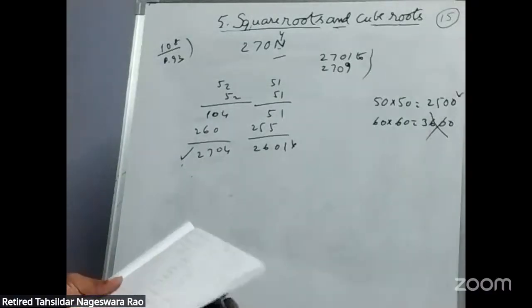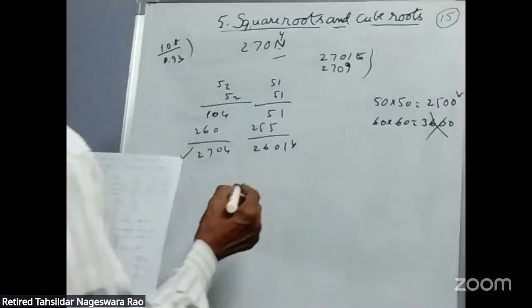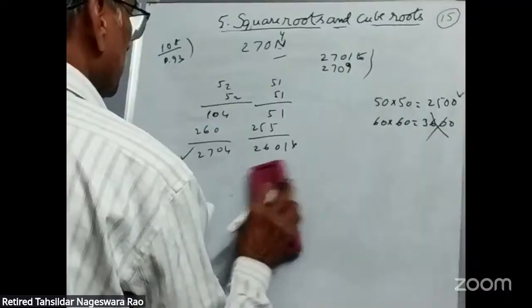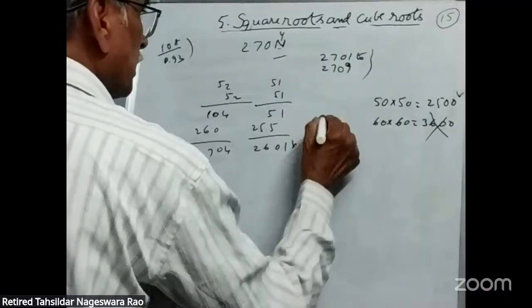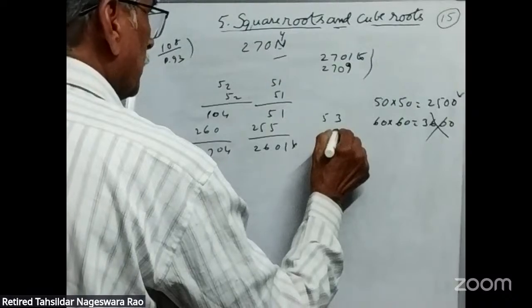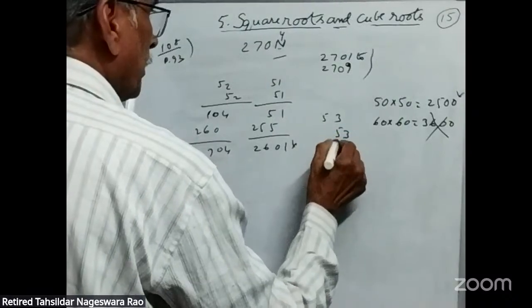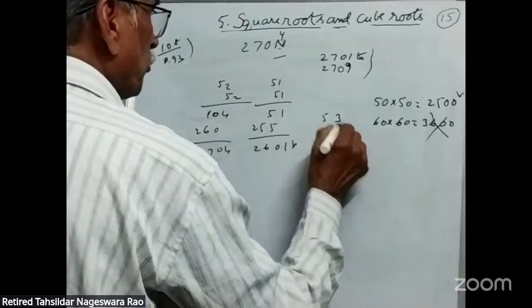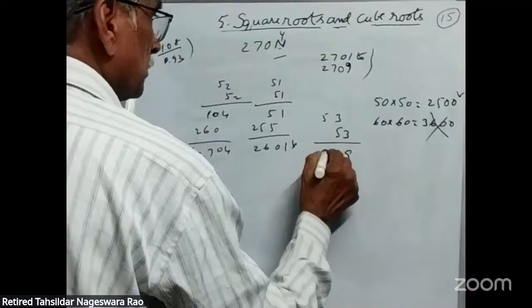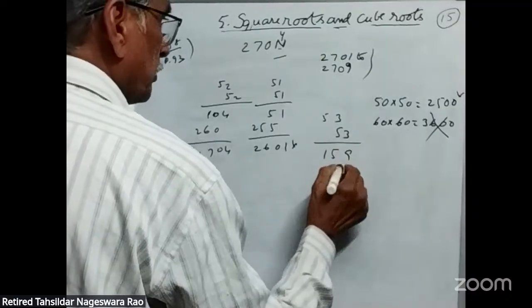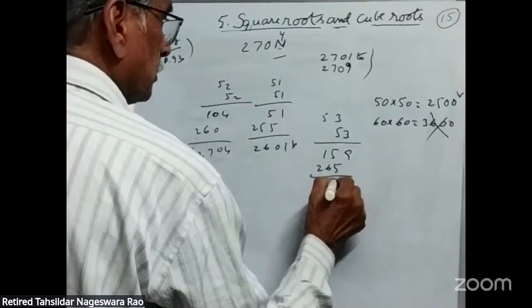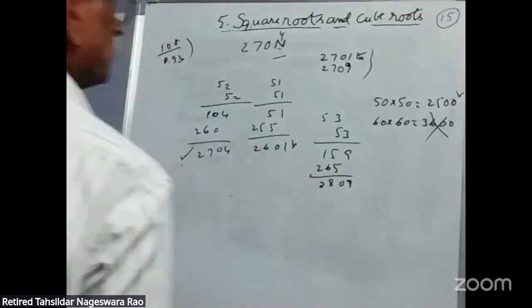If it is taken as 5, that will definitely be more. 53 square is 2809.